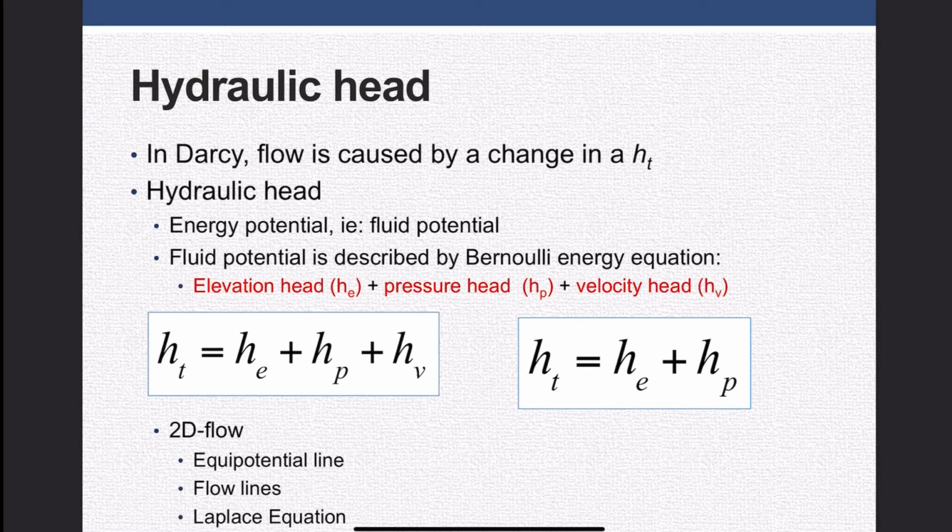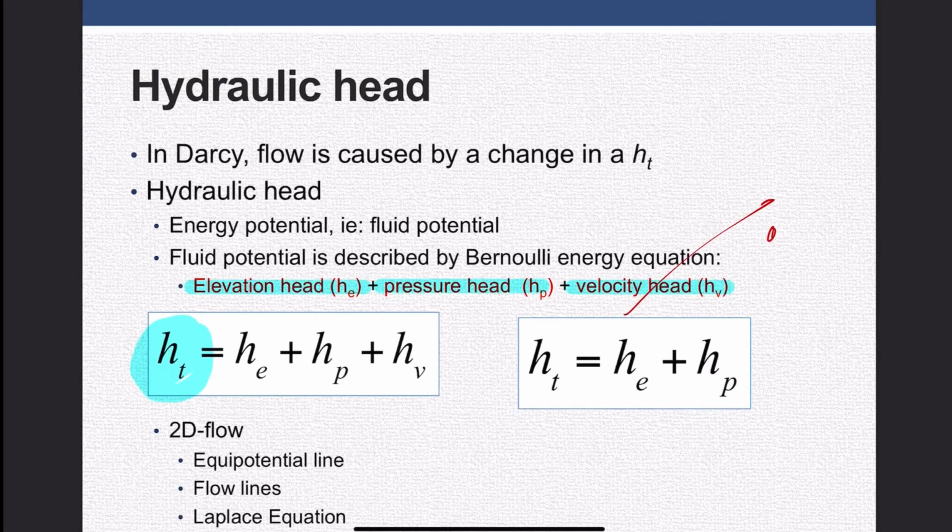if you recall the earlier class, HT, the total hydraulic potential of a fluid, equals HE, which is elevation, plus HP, which is the pressure head, plus velocity head HV. But for the subsurface flow of liquid, HV is negligible.